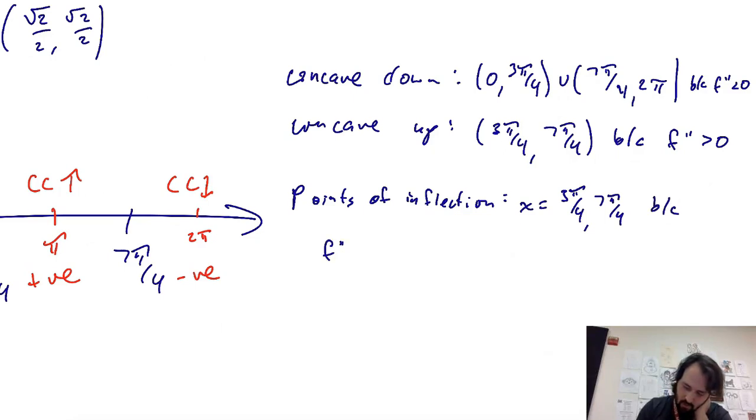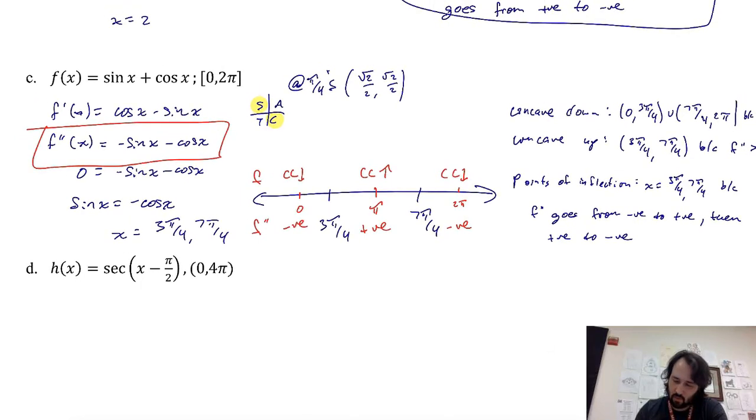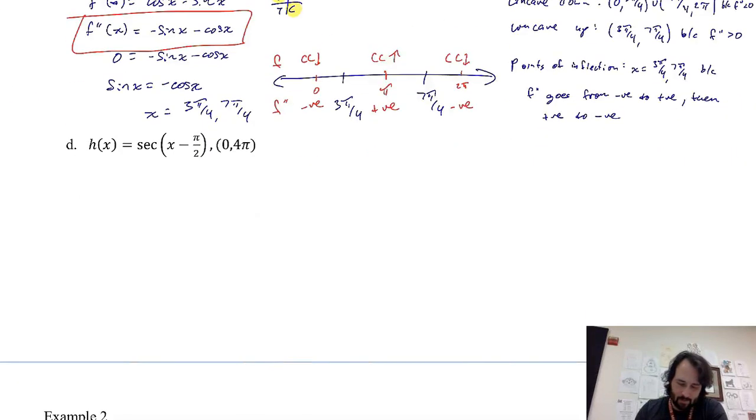Because f double prime goes from, well, we're going negative to positive first, huh? Right, so essentially f prime changes signs at both of those places. Okay.